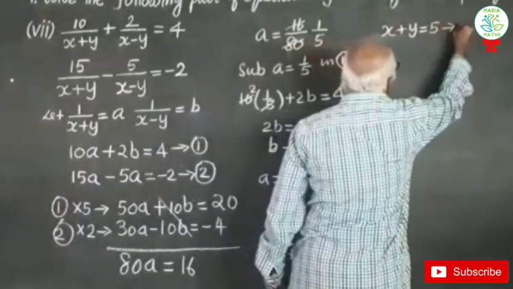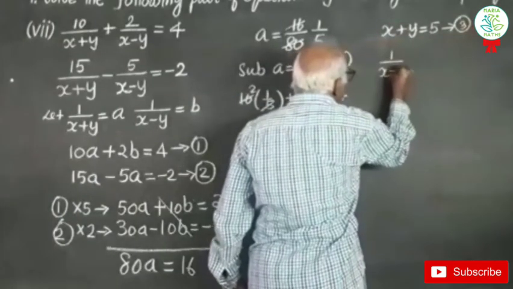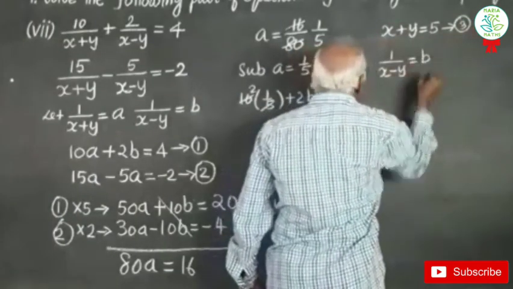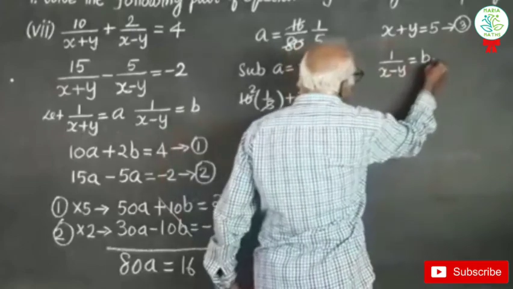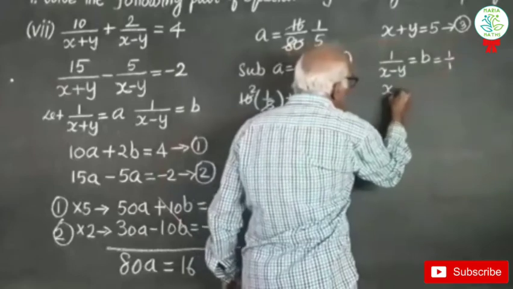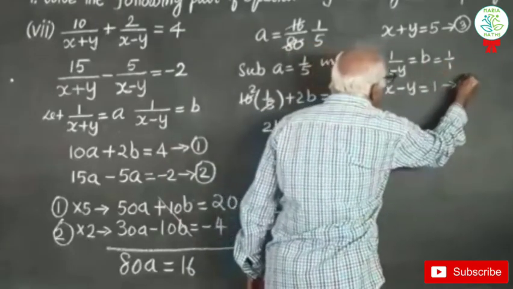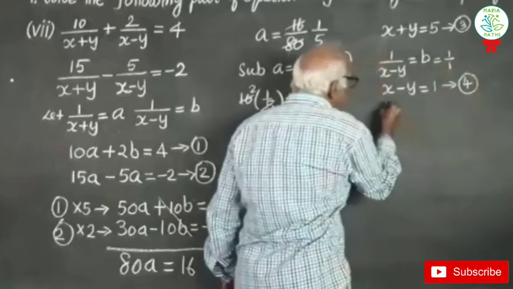This is third equation. Then 1 by x minus y equal to b. b is equal to 1, 1 by 1. Cross multiply, x minus y equal to 1 into 1, 1. Equation 4.